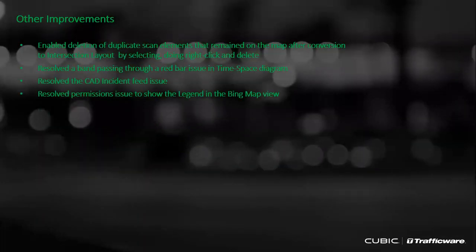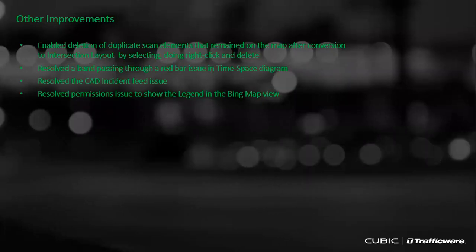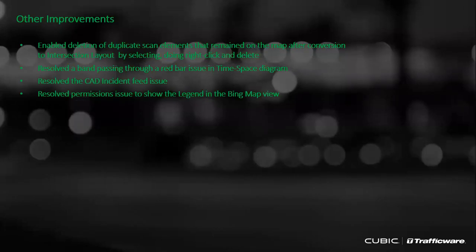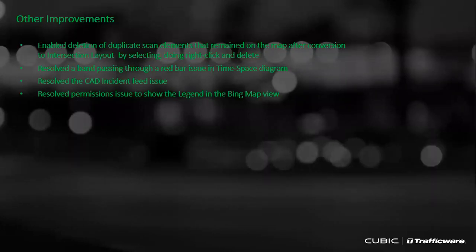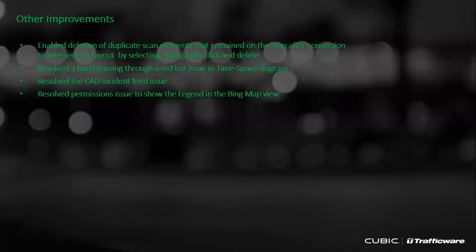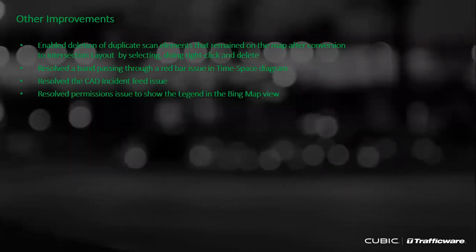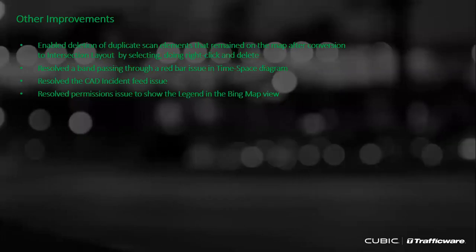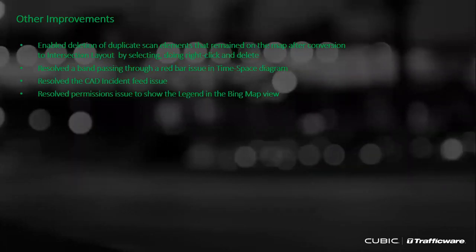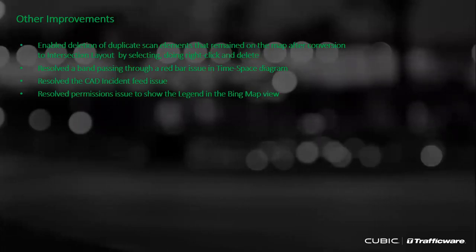Some other improvements: we enabled the deletion of duplicate scan elements. If you remember, some of you, after the data conversion and introduction of the intersection layout, noticed that there were a couple of duplicate scan elements. Someone even called them orphan scan elements. And those could not be deleted.